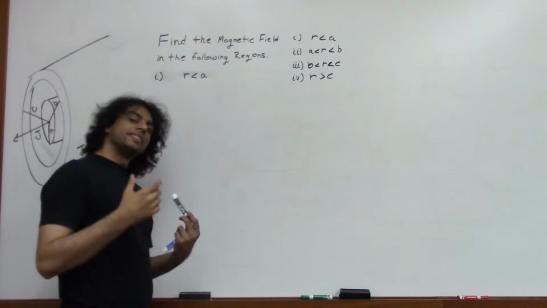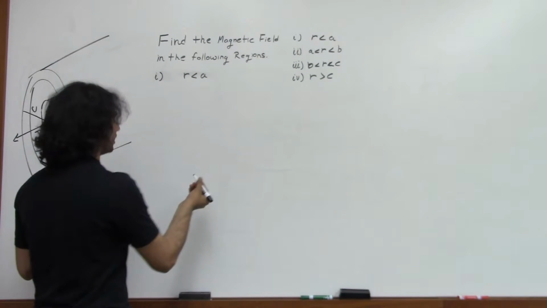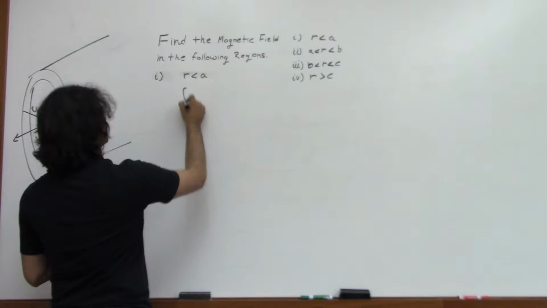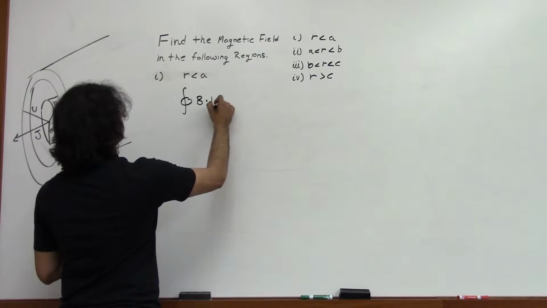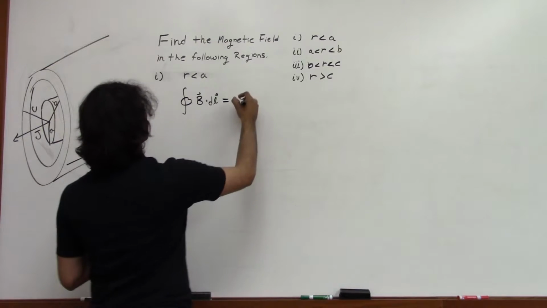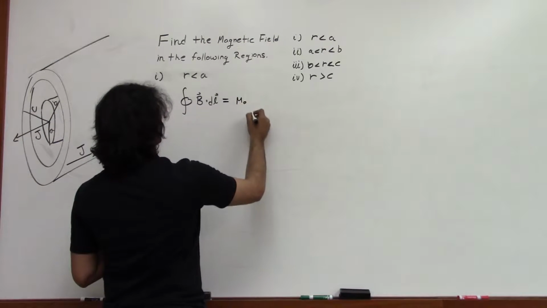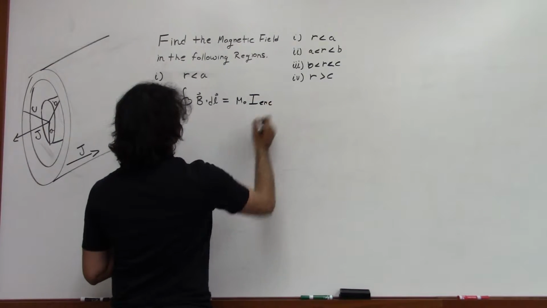This problem will be made slightly simpler by taking into account Ampere's law. What is Ampere's law? Ampere's law is that the integral of B dot dl is equal to mu naught times the current enclosed.